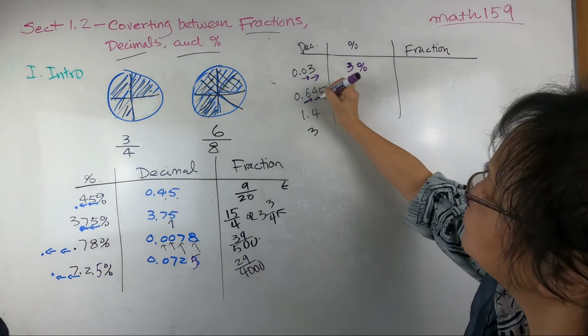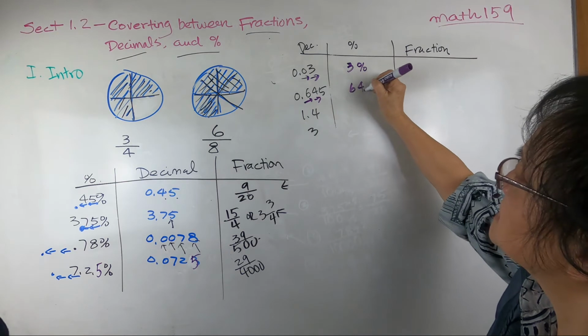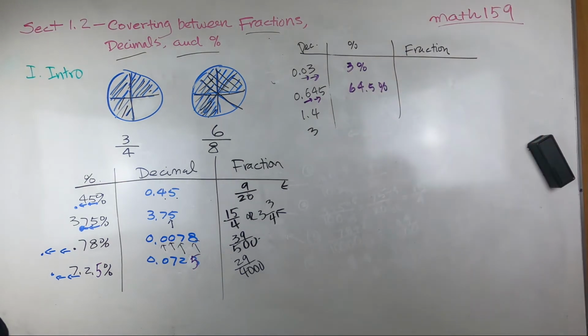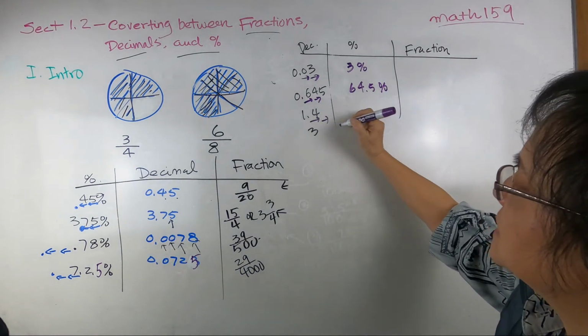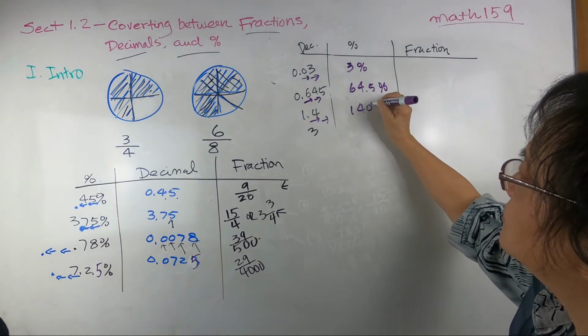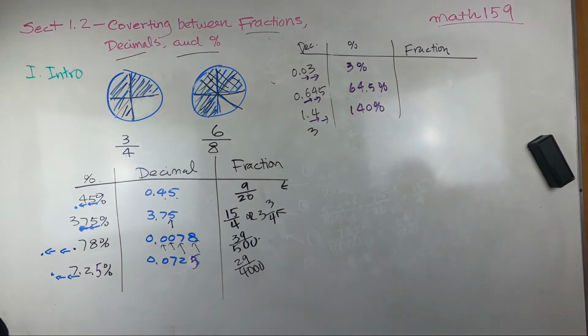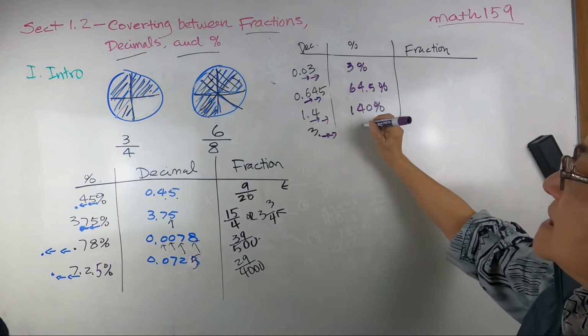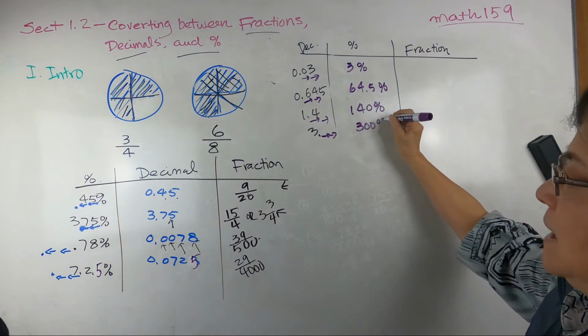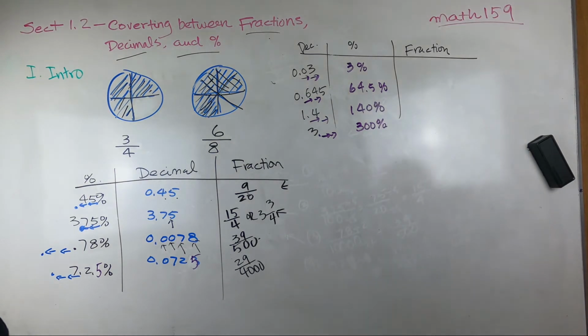So if you move 2 places, that would be 64.5%, right? Then for 1.4, you move 2 places, would be what? 140%. How about 3? 3 means decimal is here, you move 2 places, that will be 300%. Is that right?